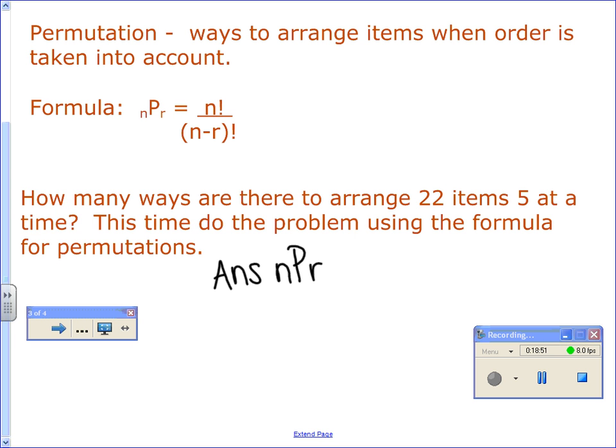Did that come up on your calculator? So we got to put in a number. What are we going to use for our n? We need to type in 22 and then nPr, and then what is our r? Our r is 5. So this is what you should have typed into your calculator.